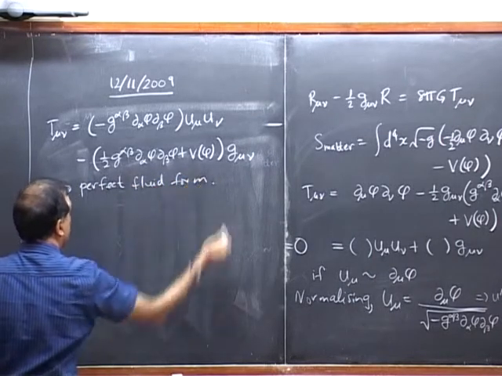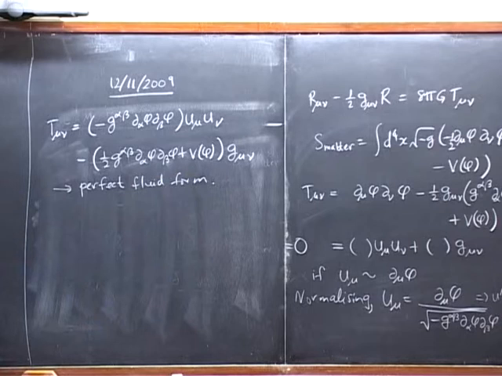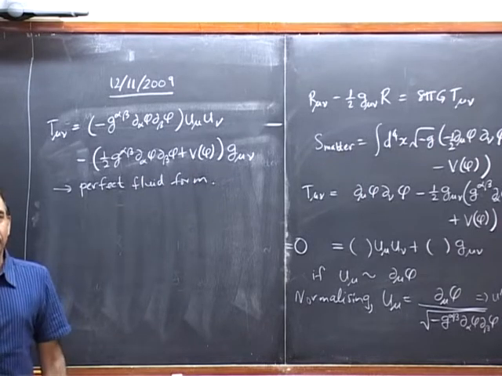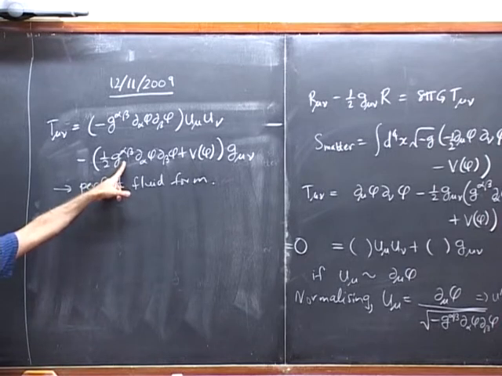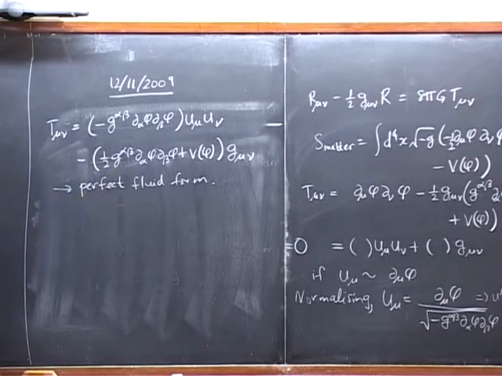And the nice thing is, because of this, I can read off what would be the pressure and the density of the perfect fluid made up of this. Of course, in some sense, yes. After should become phi also. Where? Here? Either there or here. Yeah, you're quite right. I think it's actually here. Either there or here.